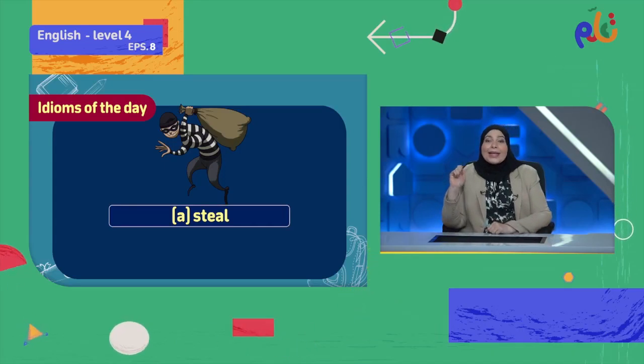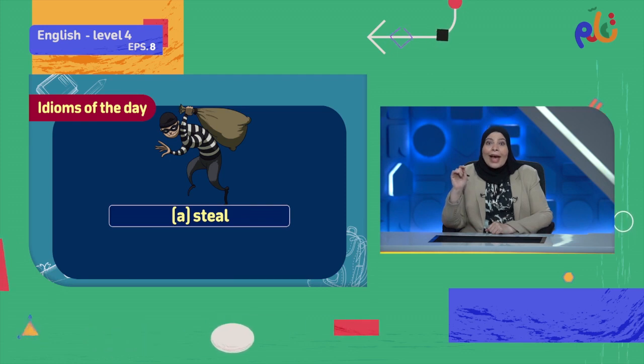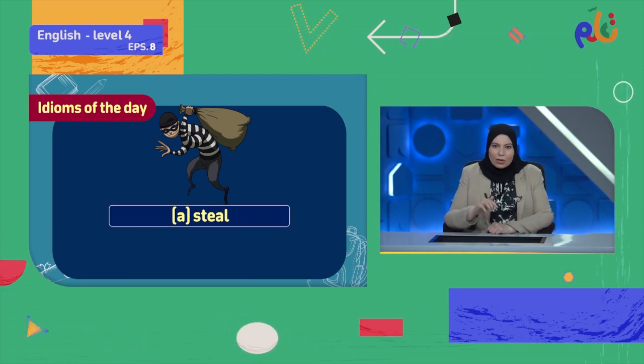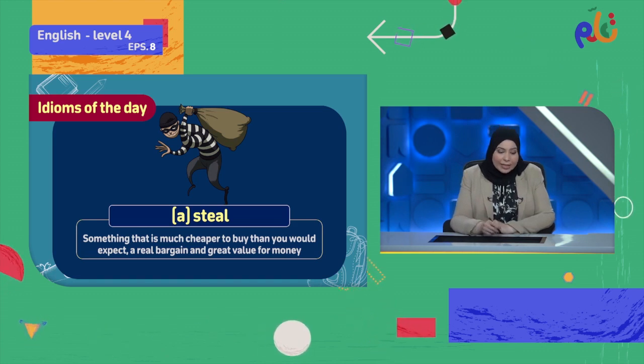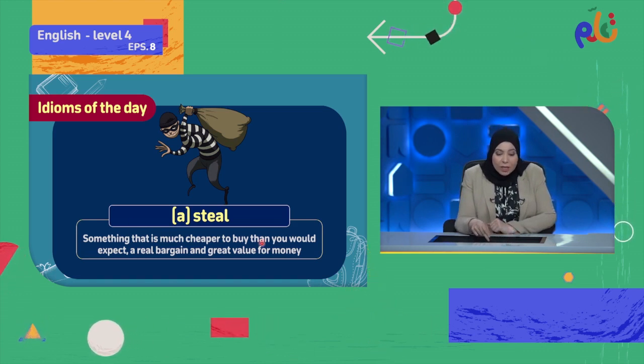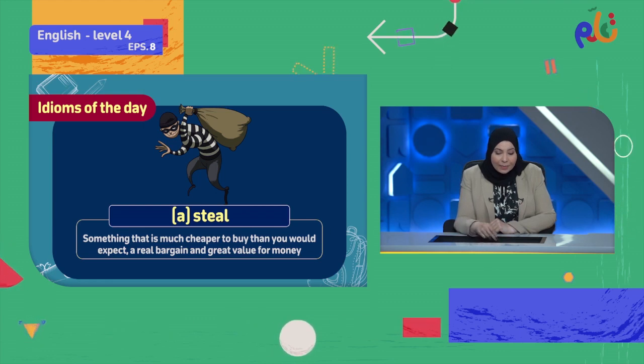The second idiom that we have today is a steal. And a steal is also about shopping, and it's the opposite of a highway robbery. So we use the expression a steal when something is much cheaper to buy than you would expect.